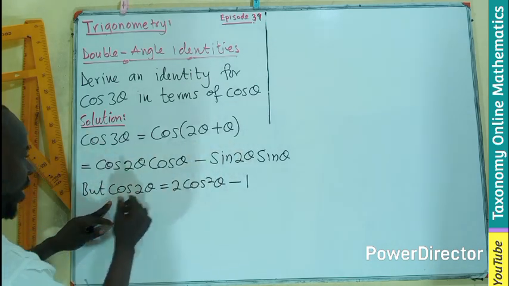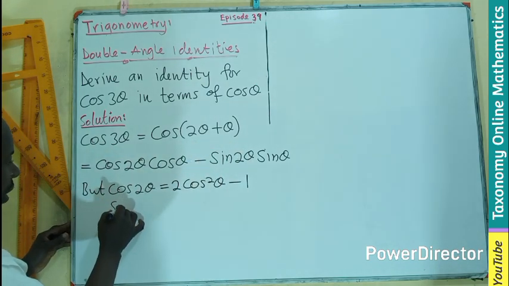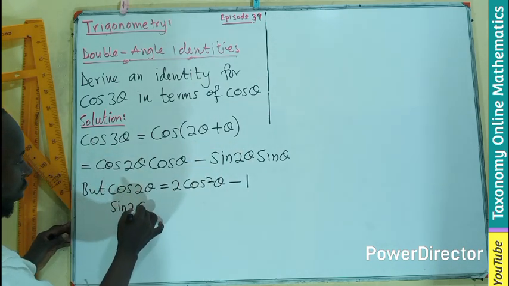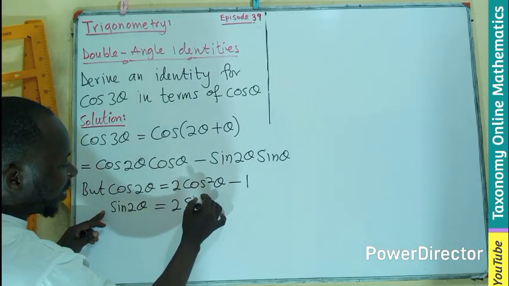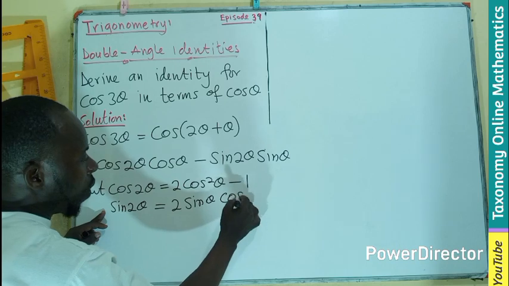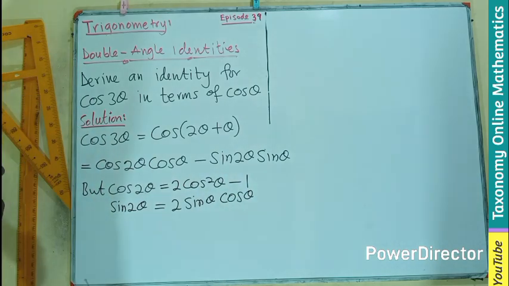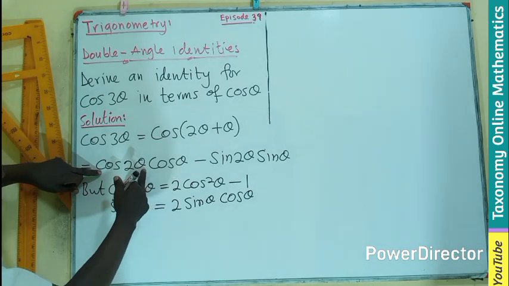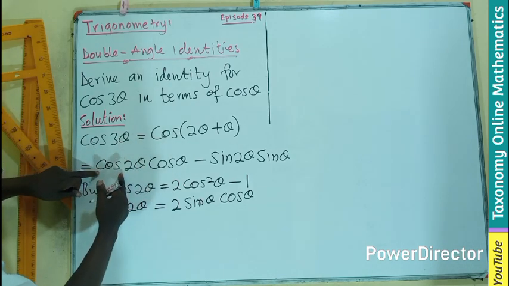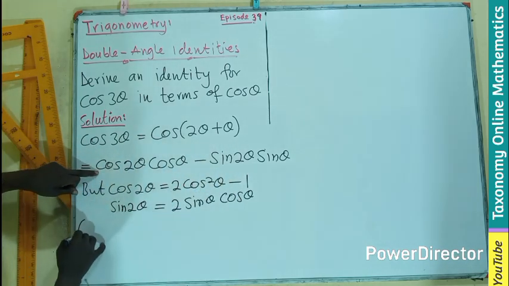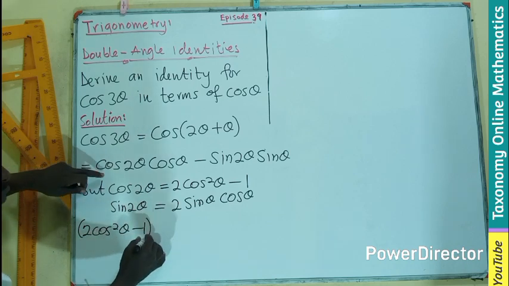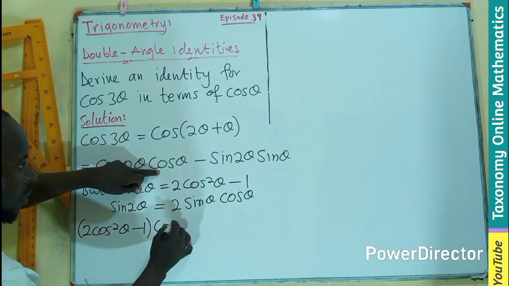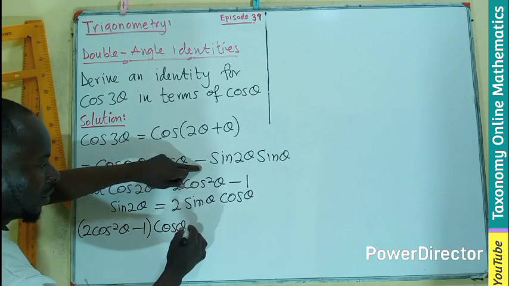So no need bringing in sine when we can have the cos. Then for this very one, which is the sine 2 theta, this will give you 2 sine theta cos theta. So by representation, the first part should be taken care of by 2 cos square theta minus 1, multiplying the cos theta, right?